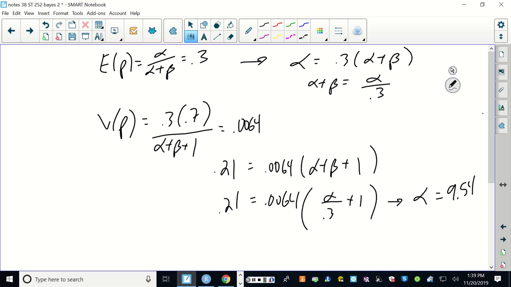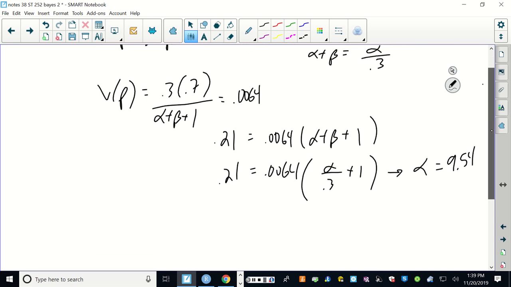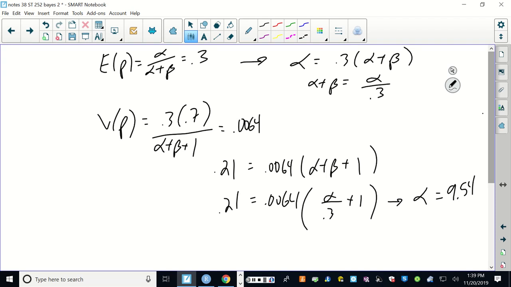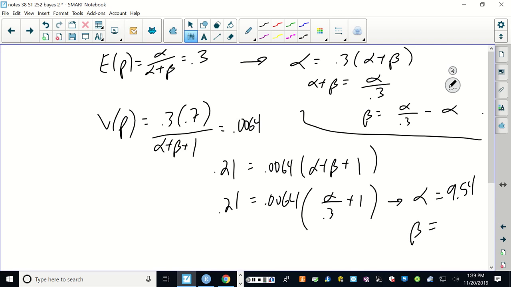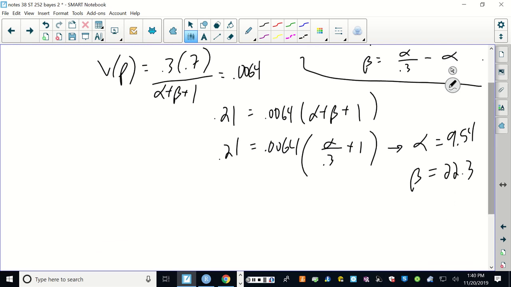So if we plug this one in, beta is alpha over 0.3 minus alpha. Plug in alpha into that, and I get beta is 22.3. And so that should work out to give the mean and variance that are consistent with that kind of prior opinion.